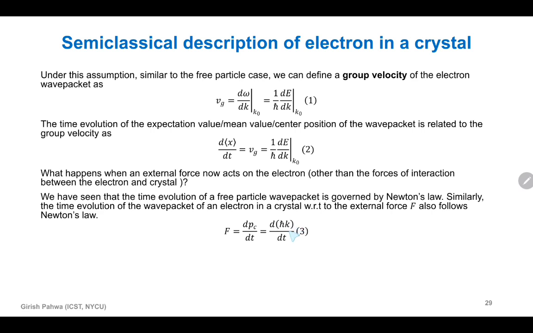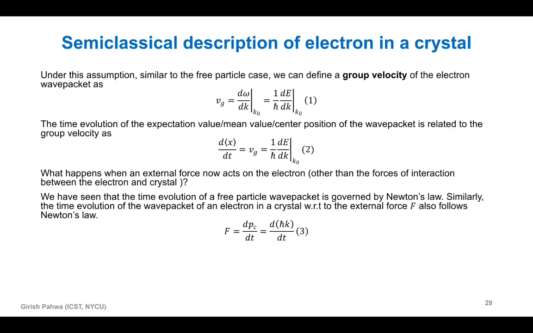But h bar k is called something else, which we denoted as crystal momentum, PC. Okay, so it's an extension of the concept of momentum to crystals, especially because this relationship holds for crystals. But remember, F is the external force and PC is crystal momentum here, not the real momentum of the particle.